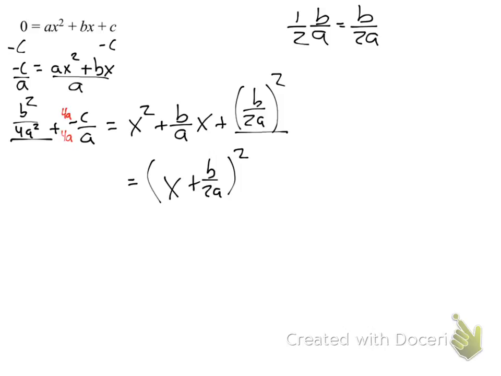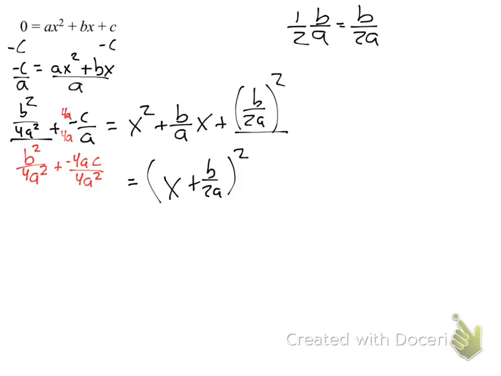So negative 4ac. I didn't change anything, guys. And then plus 4ac over 4a squared. Okay, I'm going to pause it to explain.